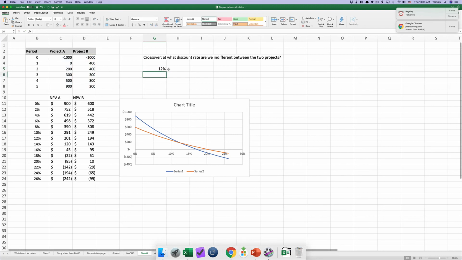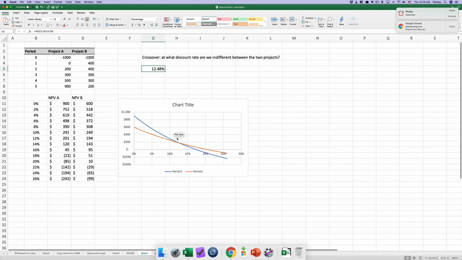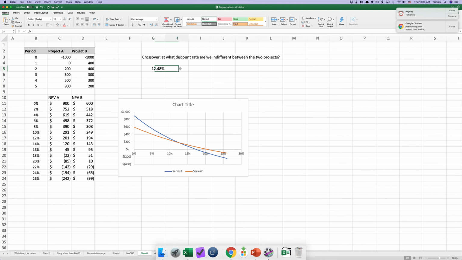And it gives you approximately 12%. And if we increase the decimals showing here, okay, so 12.48%. So that is the point at which we are indifferent between those two projects at a 12.48% discount rate. They cross.